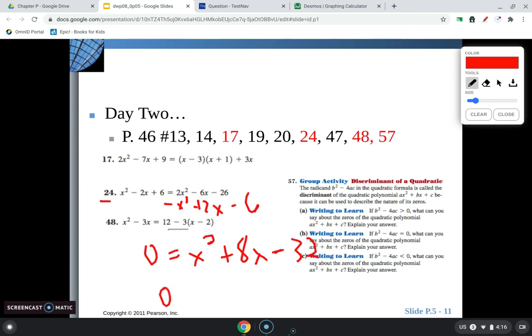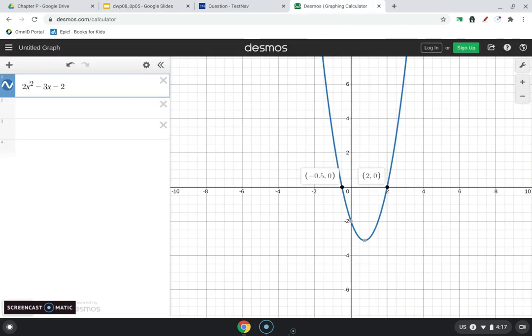You can factor that again. x and x. What's that? No, maybe we can't factor that. You know what? Let's do Desmos. x squared plus 8x minus 32.